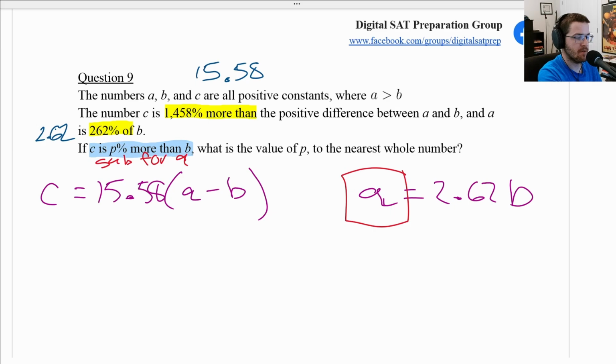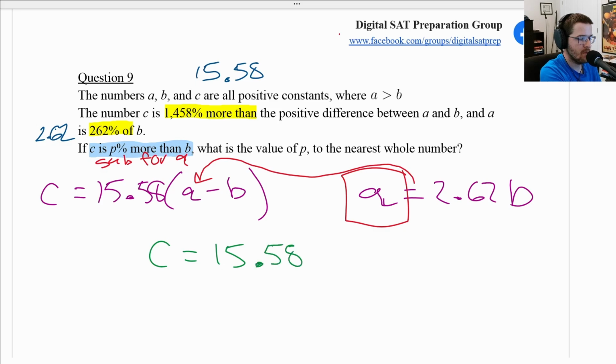That is super nice. So we're going to take him and put him into where A is in the other equation. So we carry out that substitution, and we get C equals 15.58. Instead of A, we're going to put 2.62B, his equivalent, minus B.